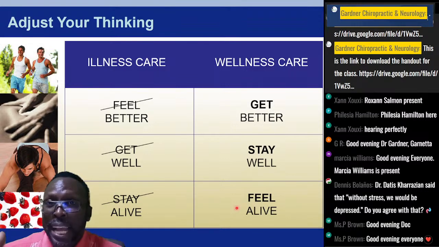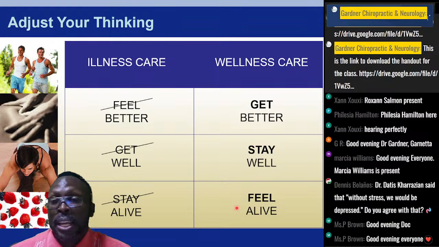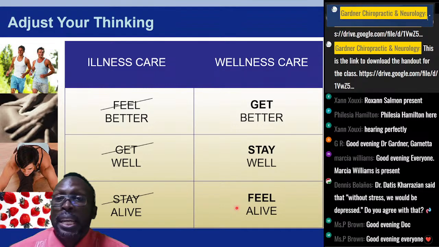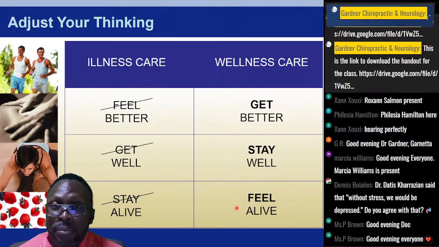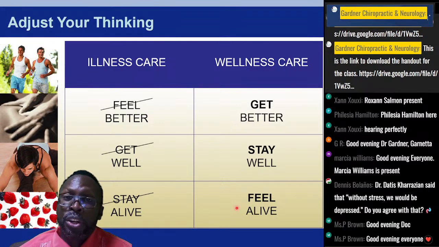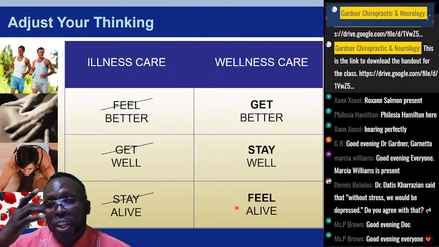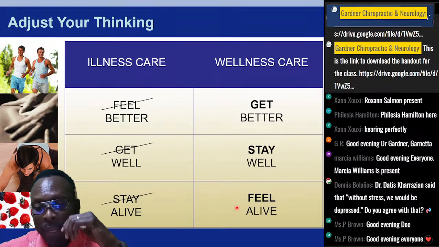For example, cancers. And this is something that many people did not know. Many people are totally unaware that cancer is an immune system disorder. Cancer is an immune system disorder. And the weaker your immune system is, the more likely you will develop cancer. The stronger your system is, the less likely that you will develop cancer. So hopefully that makes sense.